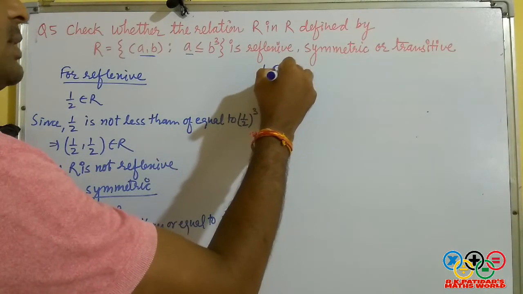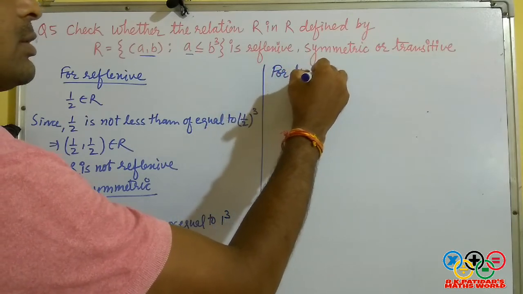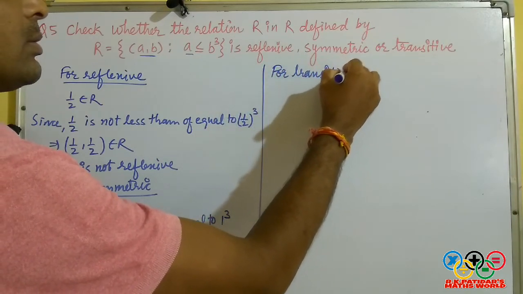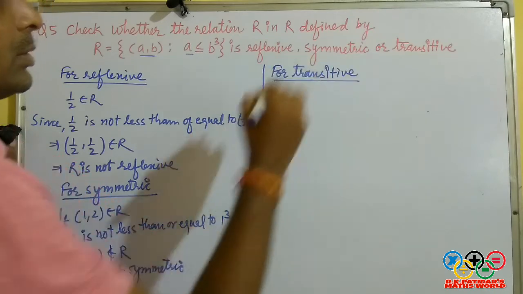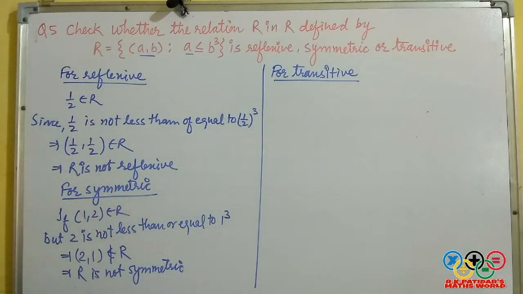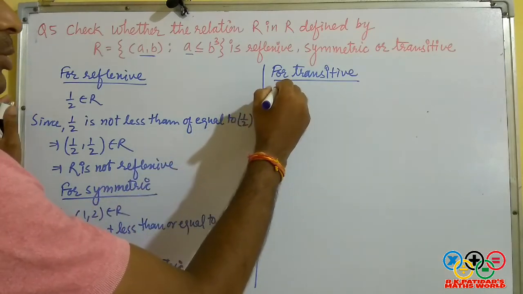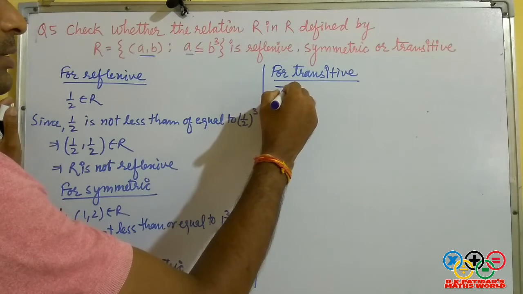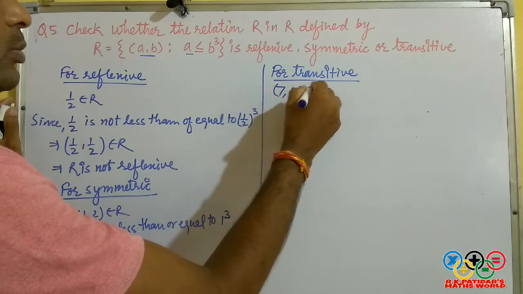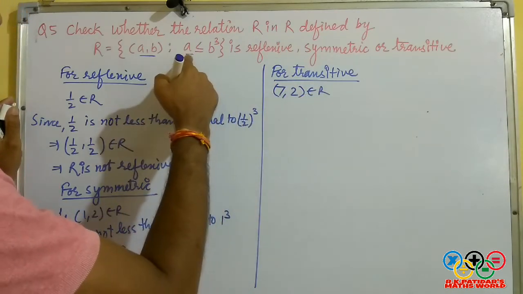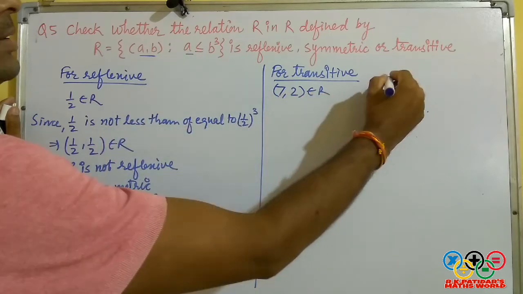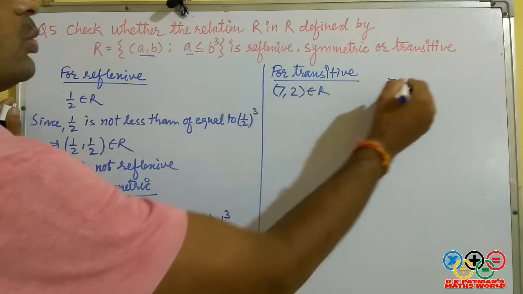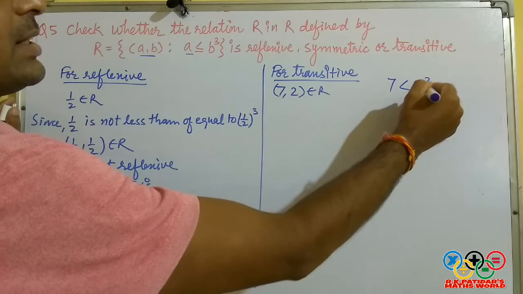Next one, for transitive relation, we take some more examples. Suppose we take (7, 2) belongs to R. Yes, a is 7 and b is 2. So 2 cube is 8.